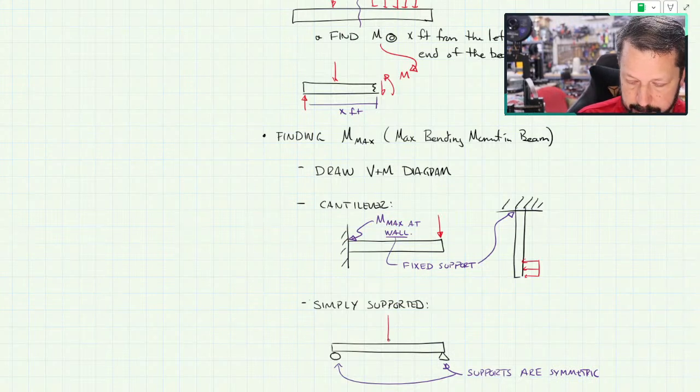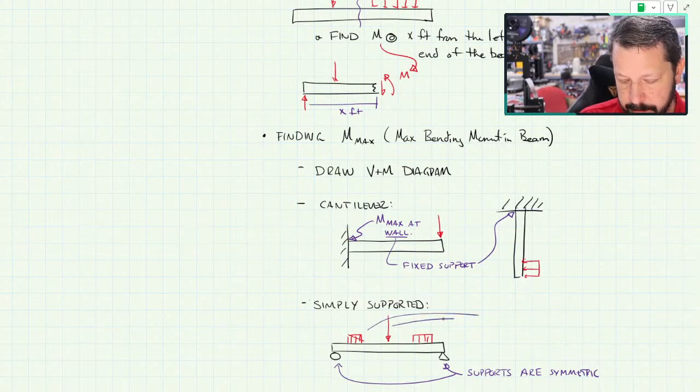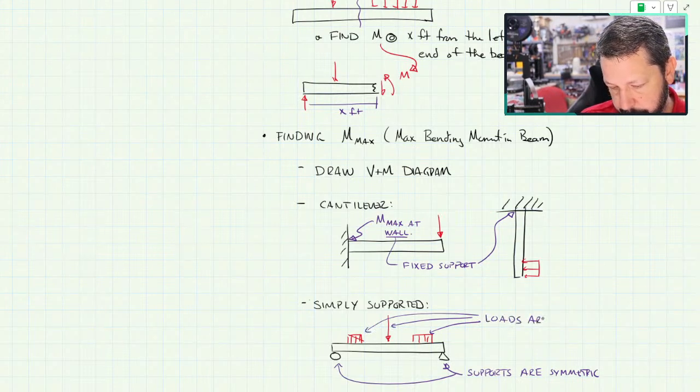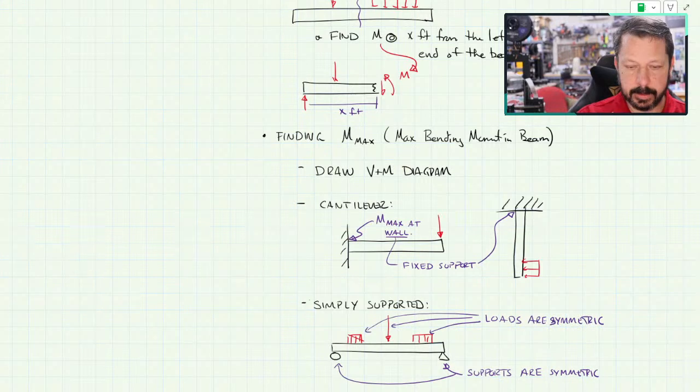So maybe we have a load right in the middle. If we have a distributed load over here, we have one matching it over here. So as long as everything is symmetric, then you know you've got this line of symmetry right through the middle.